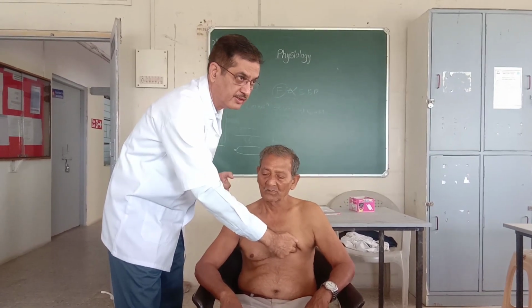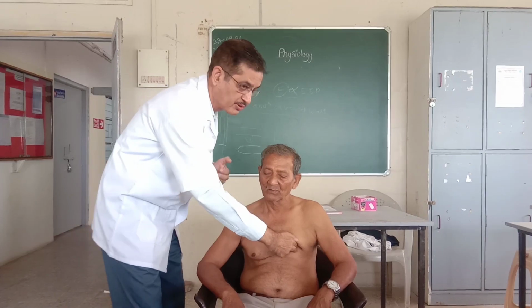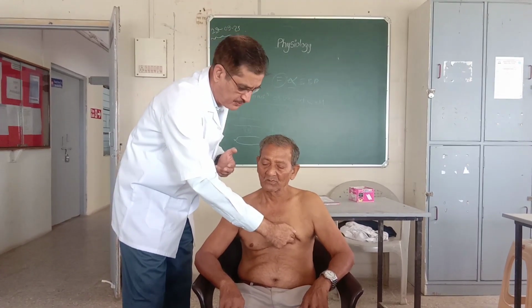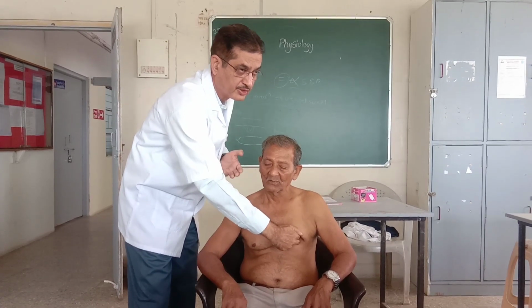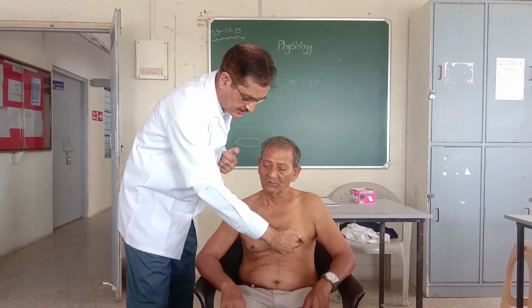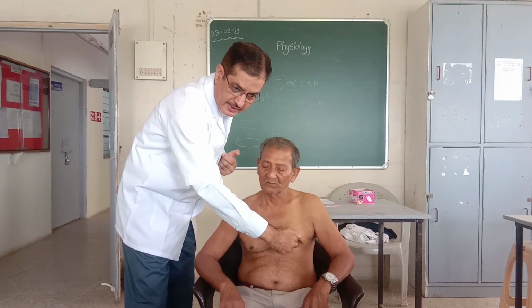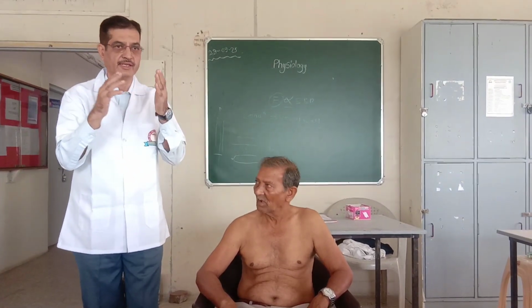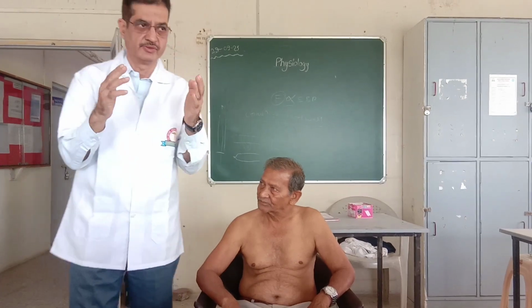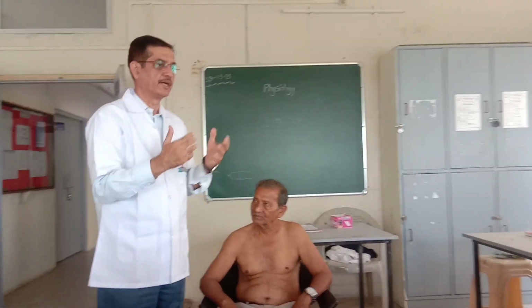It should be normal. It should not be a forceful thrust. If you get a forceful thrust, a forceful uplift to your fingers, it definitely indicates hypertrophy or enlargement of the heart. Usually it is seen in hypertension.